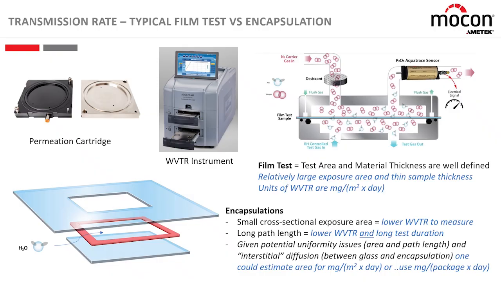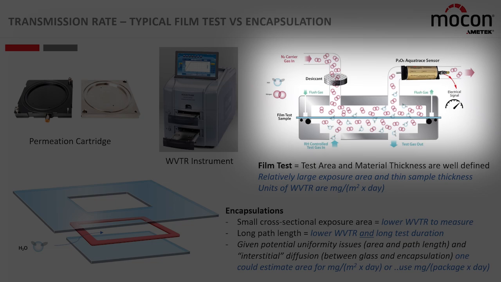If I look at this in a cross section, underneath the material I've got very controlled humidity, and on top of the material I've got a very dry gas. Any water vapor permeating through this material gets picked up by that nitrogen carrier gas stream, brought to this detector, and quantified.